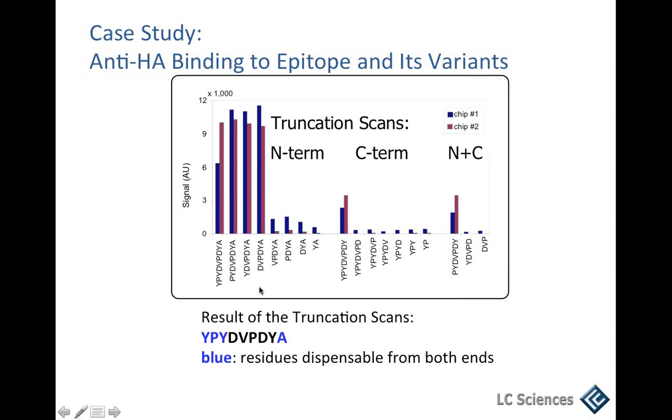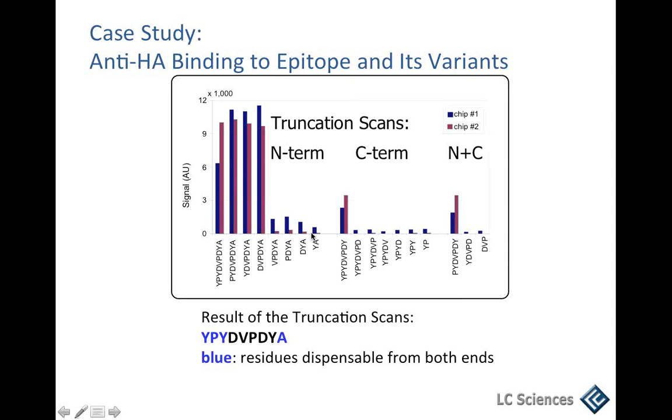Looking at the N-terminal truncation, it becomes clear that the residues shown here on the right side, the first 4, are critical.